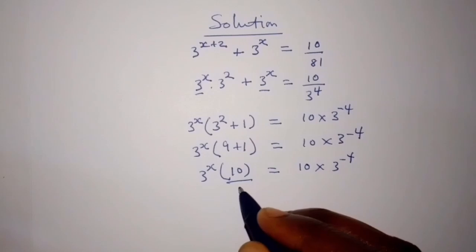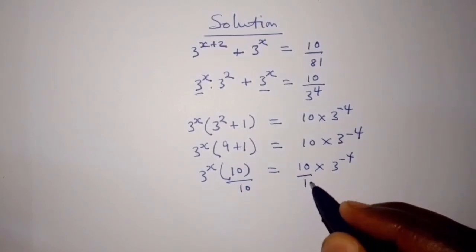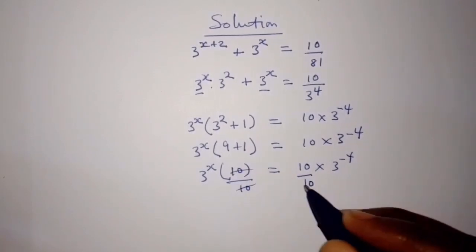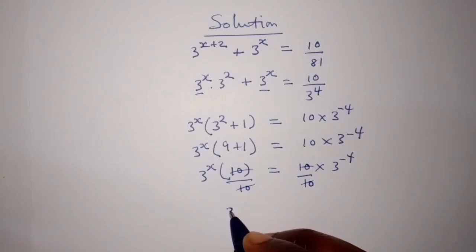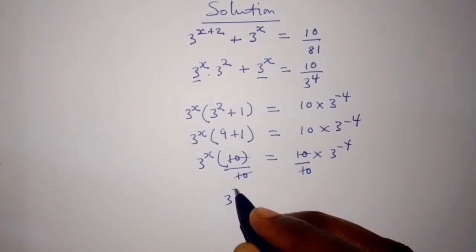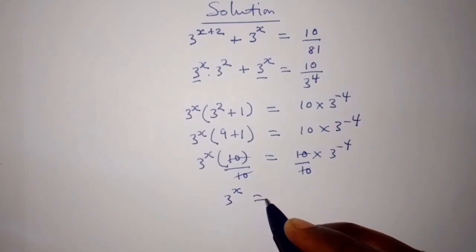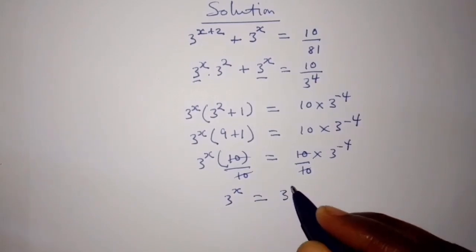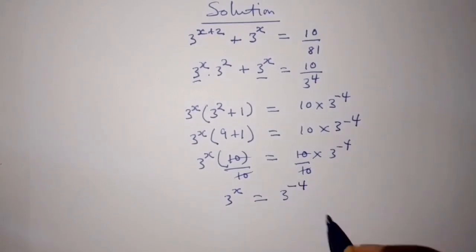We divide by 10. 3 power x is equal to 3 power negative 4.